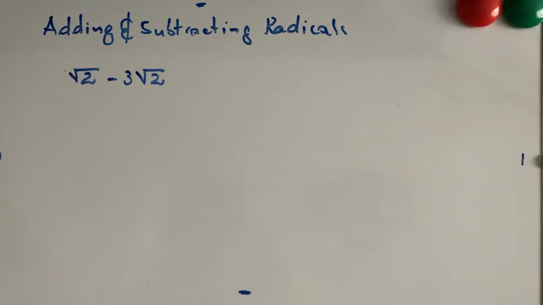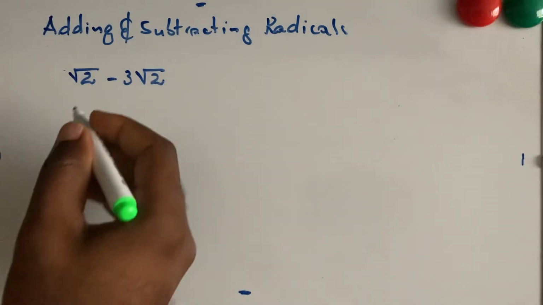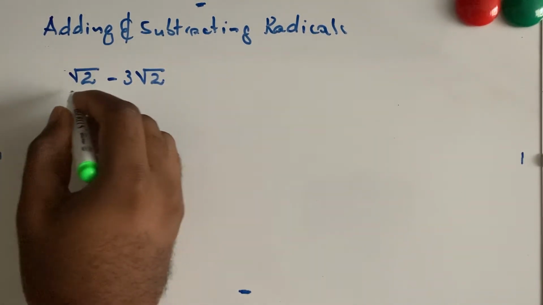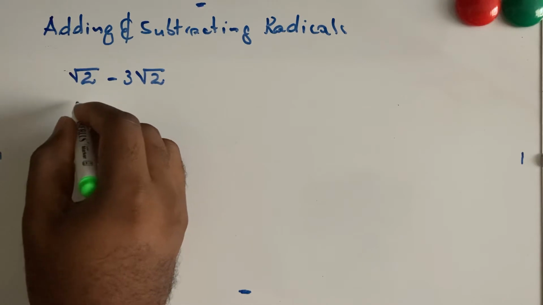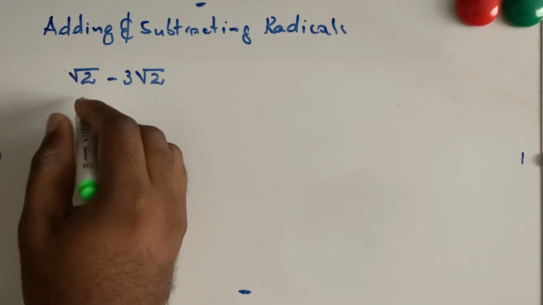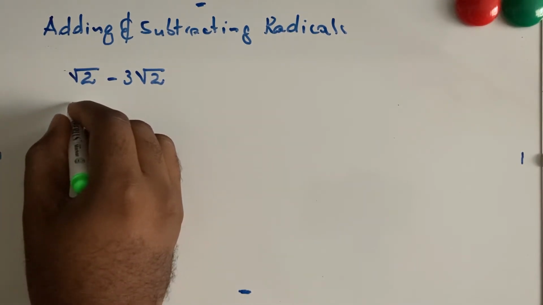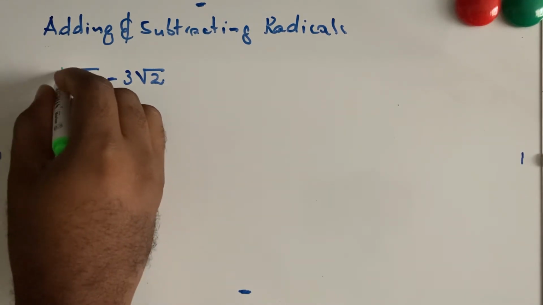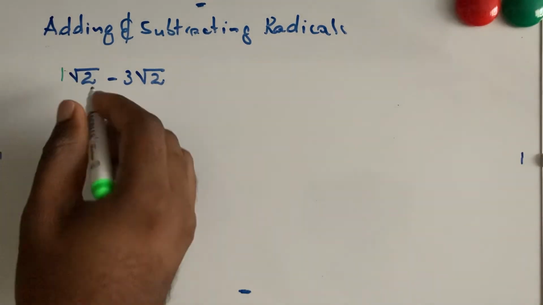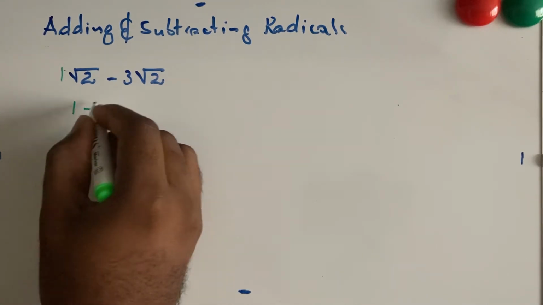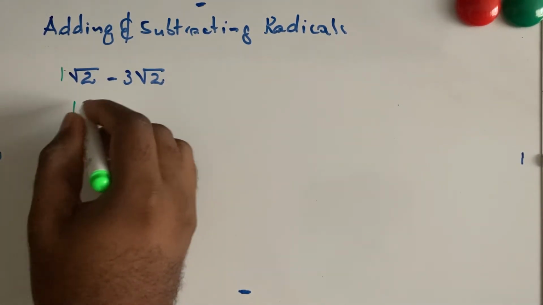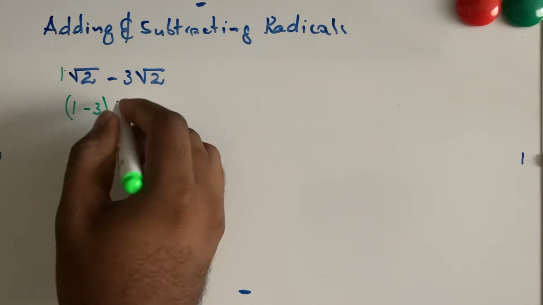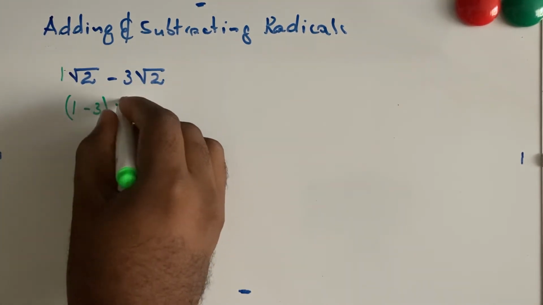If I had something like this, it's as if I have 1 square root of 2, because it's as if there's a 1 here. So 1 minus 3, then I put the square root of 2.